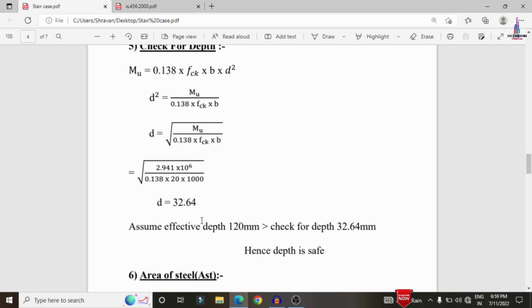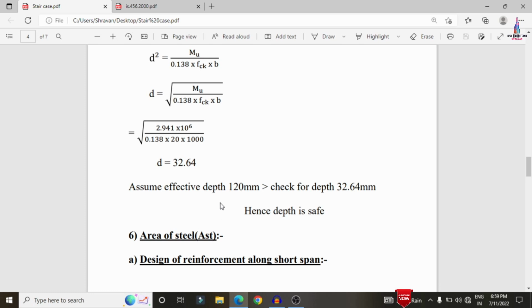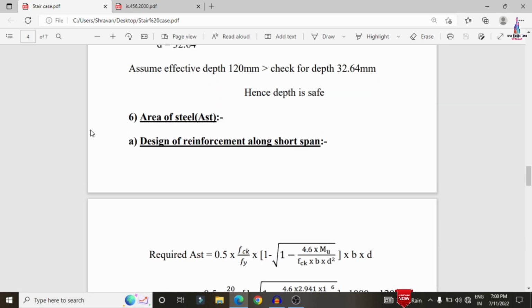Now we have to calculate the area of the steel. Basically the area of the steel comes under two categories. One is the main reinforcement bars, and again there will be the distribution reinforcement bars for the respective stair slab. For calculating the main reinforcement bar, we have the formula Ast equals 0.5 times sigma ck divided by sigma y into 1 minus square root of 1 minus 4.6 into Mu by sigma ck into b into d square, into b into d.